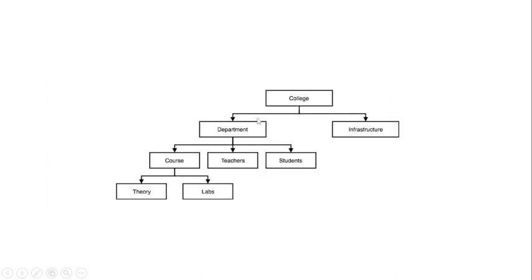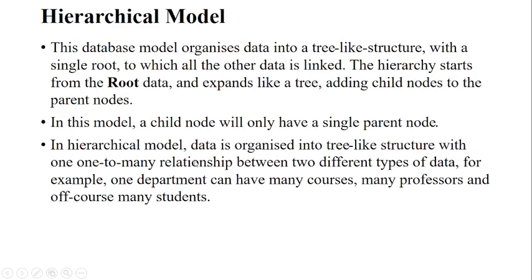Department and infrastructure are the child nodes of the college, which is the root node and also a parent node. Course, teacher, and students are the children, and their parent is only a single parent. Also theory and labs are the children, and course is the parent node.